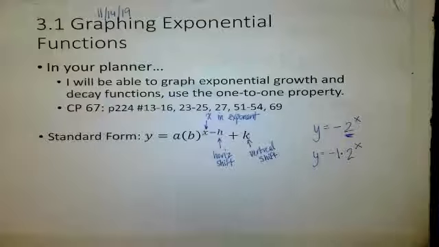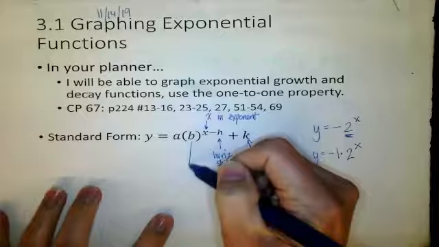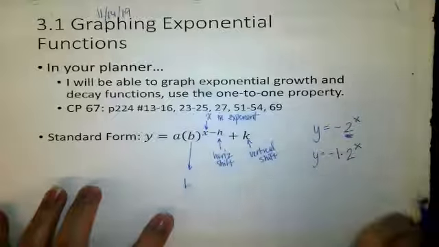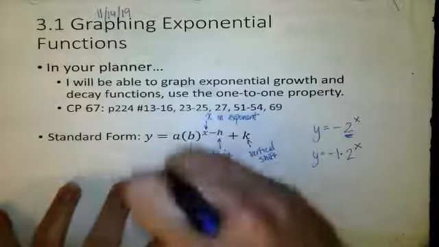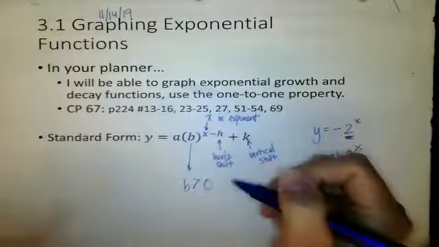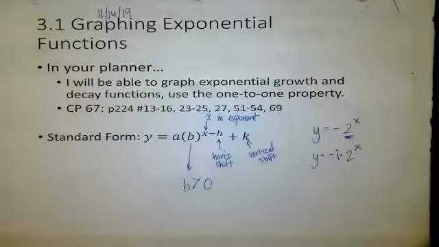And that's important because in this function, that b must always be greater than 0. We will never have a base less than 0. All right? It must be something greater than 0.